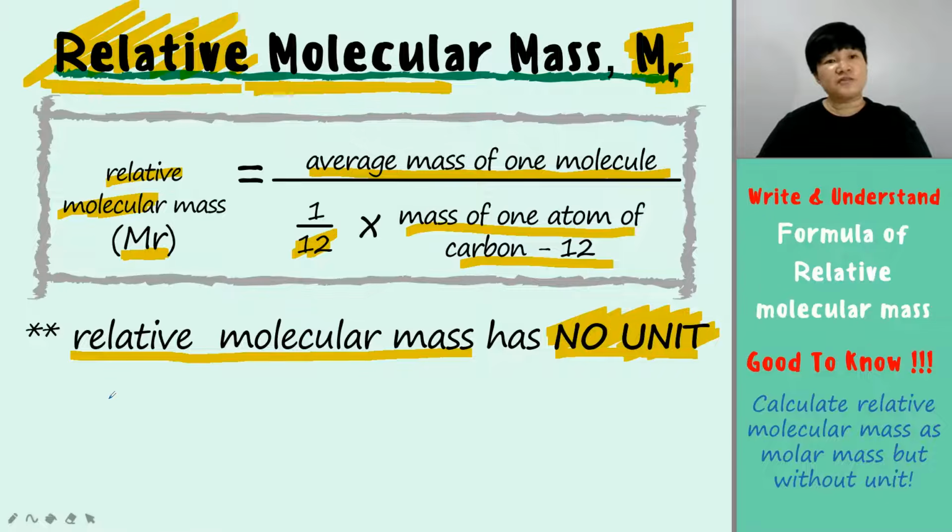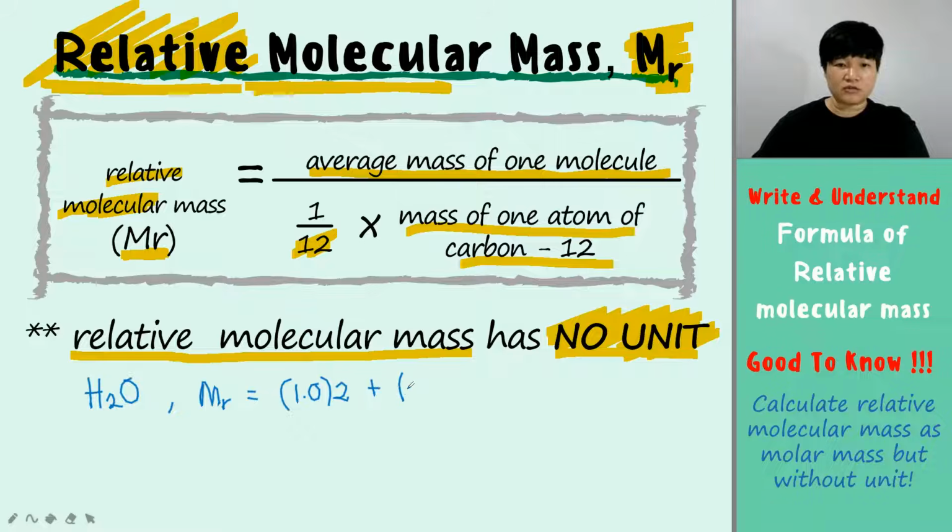Actually, we have an easier way to calculate relative molecular mass. As simple as water. How do I calculate the relative molecular mass of water? It's your hydrogen, knowing that hydrogen mass is 1.0, times 2 hydrogen, plus 1 oxygen, 16. You just need to add up the relative atomic mass of each element. So the relative molecular mass of water is 18.